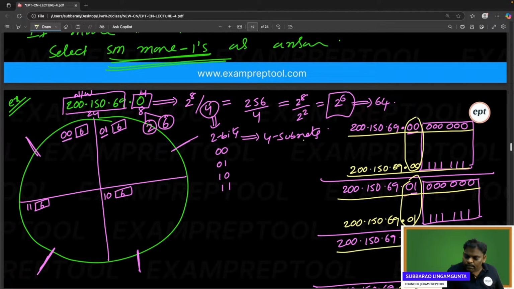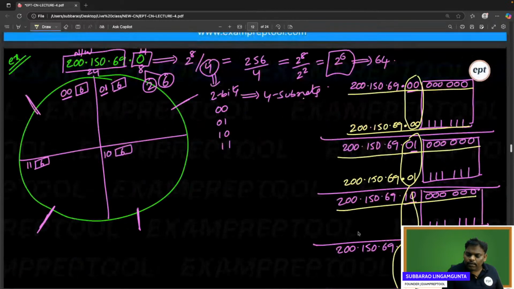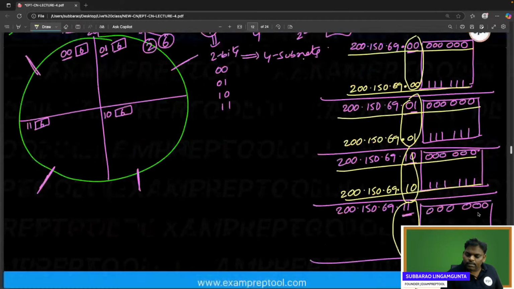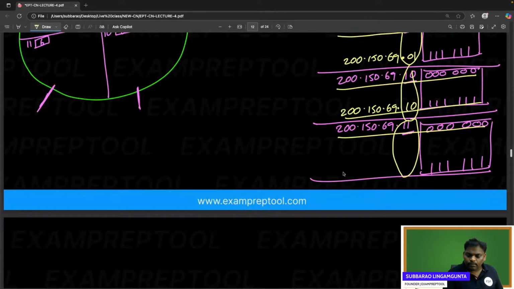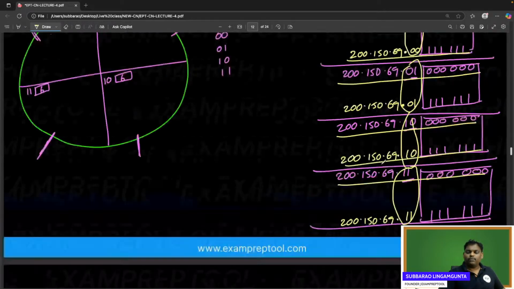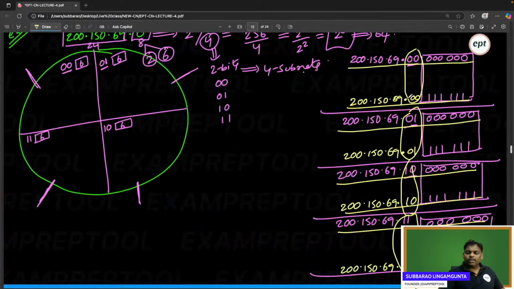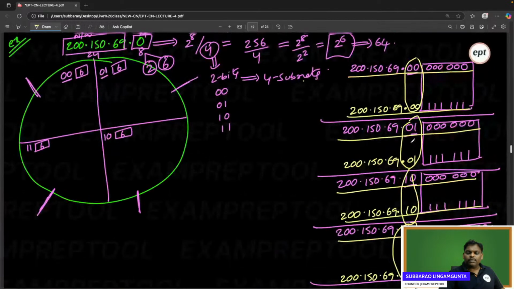Again it is the subnet ID, next it is the DBA. Subnet ID DBA, subnet ID DBA, subnet ID DBA.